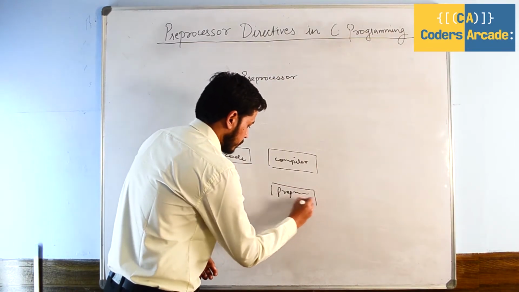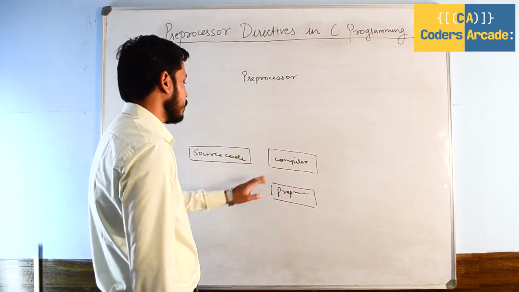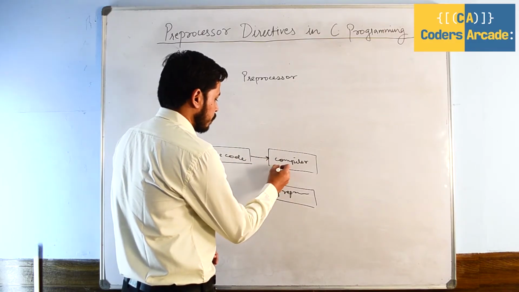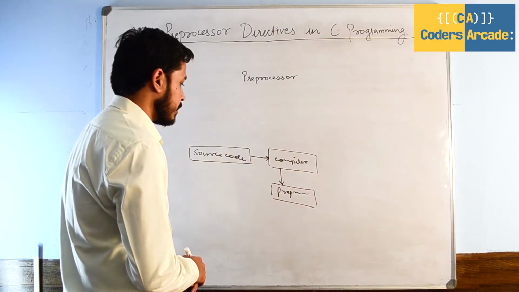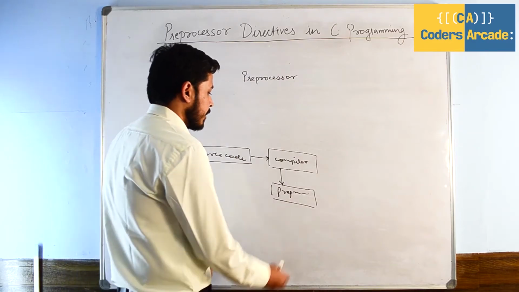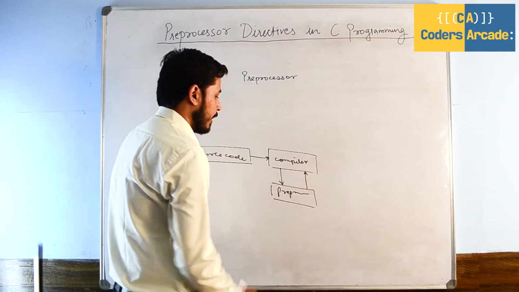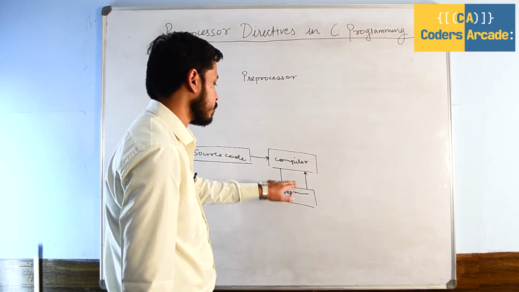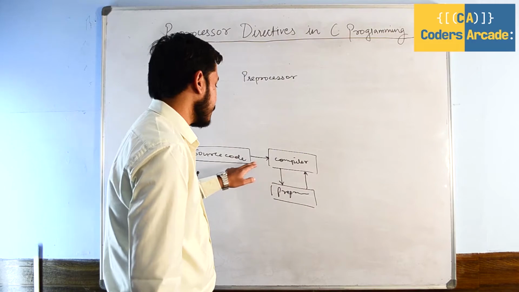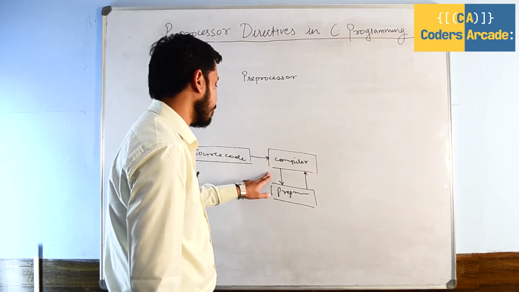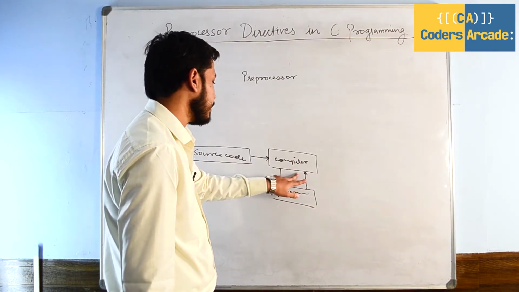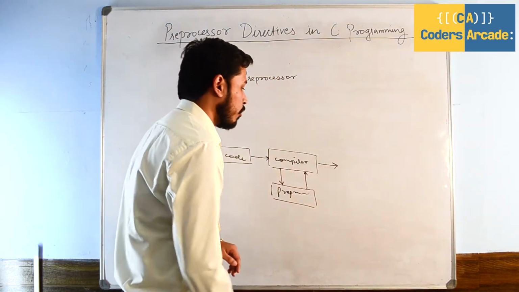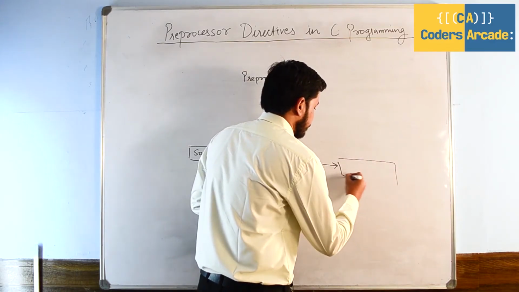First the source code will go to the compiler, and then this source code is first preprocessed by this preprocessor, and then this code will go back to the compiler, and now this source code that is already preprocessed will be compiled. Here, source code will not be compiled directly, but only after preprocessing will this source code get compiled. Then this code will be in the final form of assembly level language code.